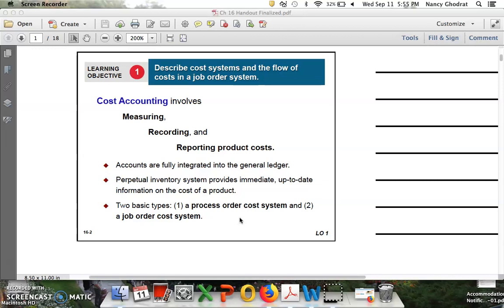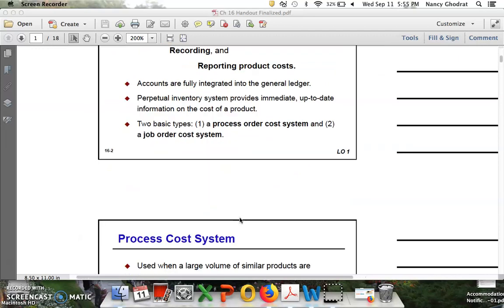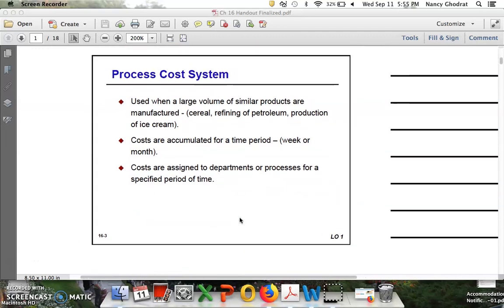As I mentioned, there are two basic accounting systems to take care of the cost of a product. One is job order cost system, the other one process cost system. Process cost system is used when the manufacturing environment is producing a mass volume of similar products. Let's think about a manufacturing environment such as Coca-Cola.